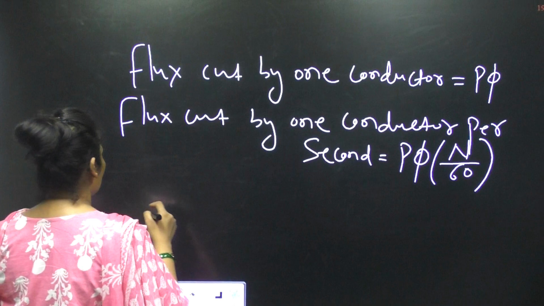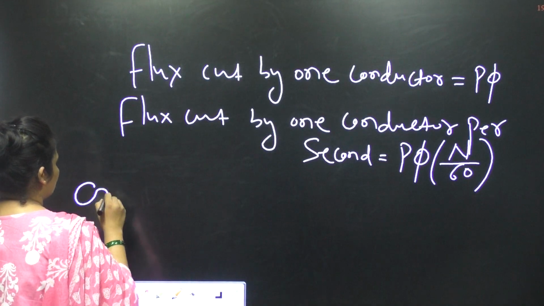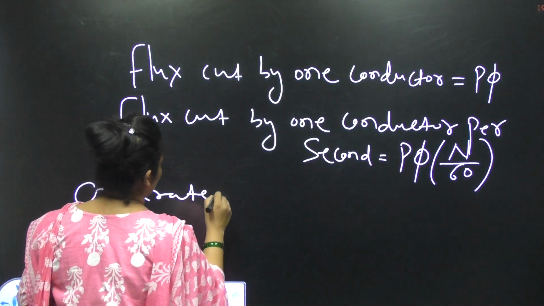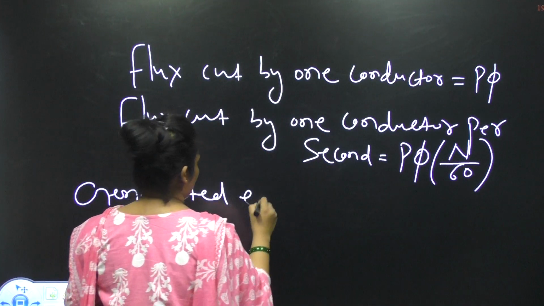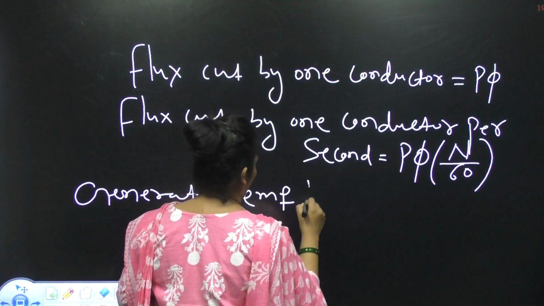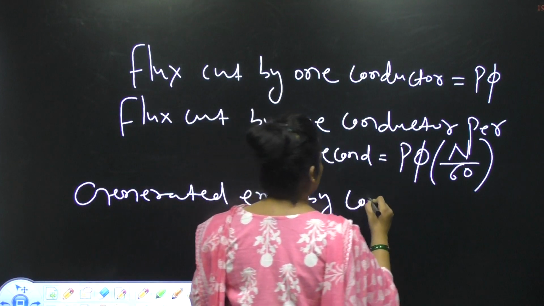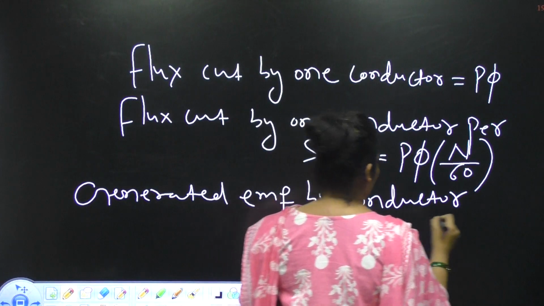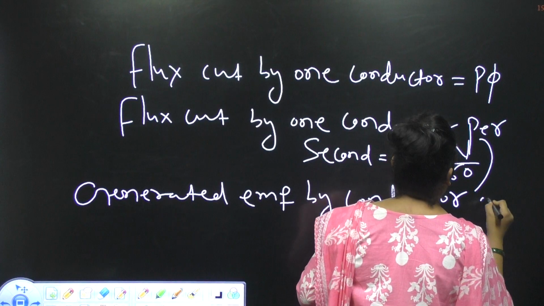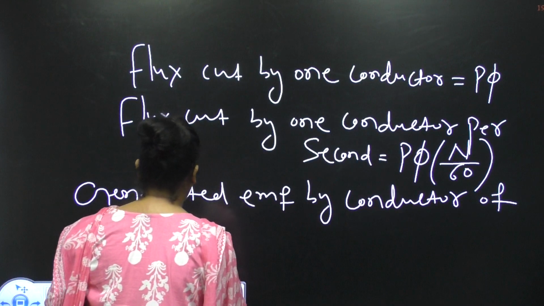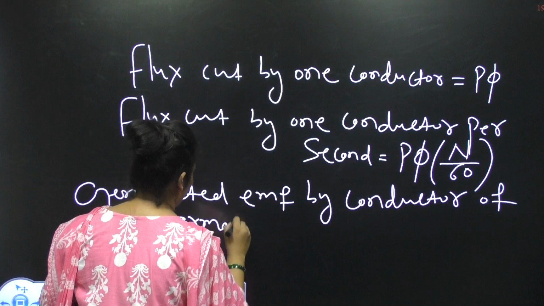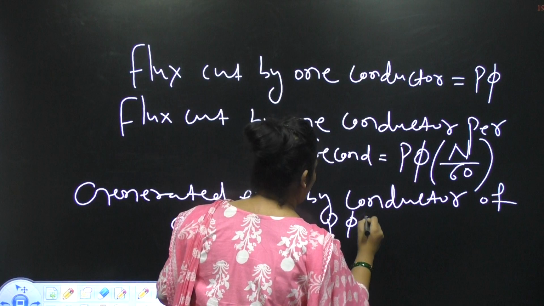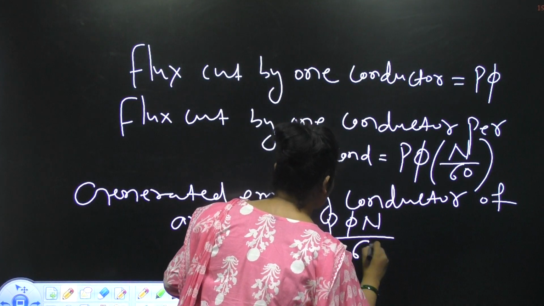Now the EMF generated by a conductor of the armature is equal to P phi N by 60.